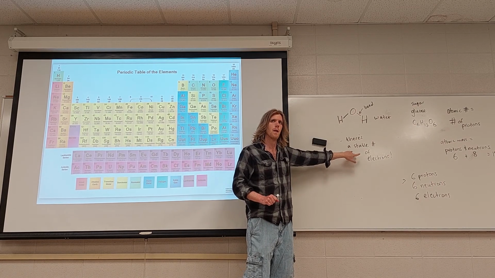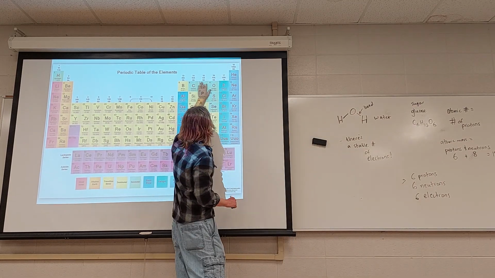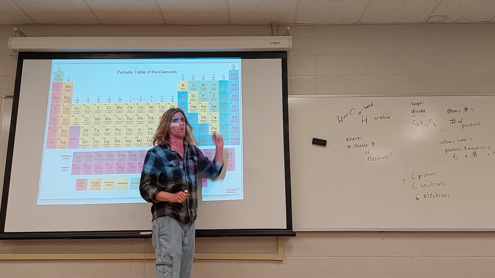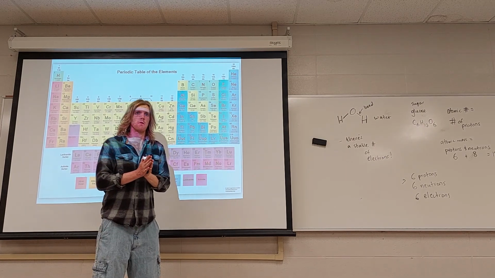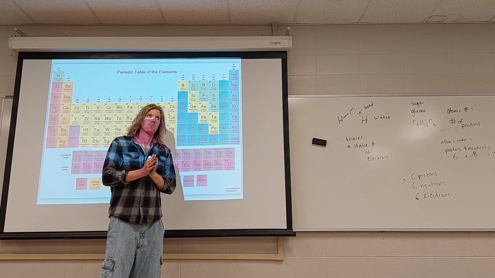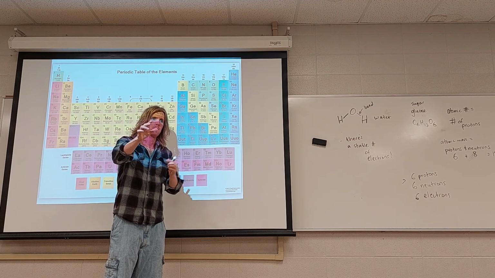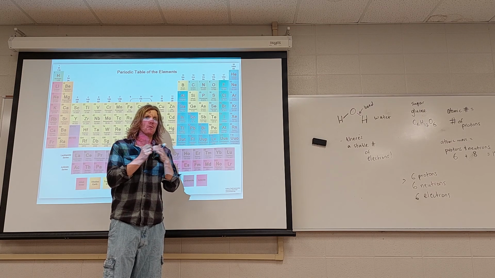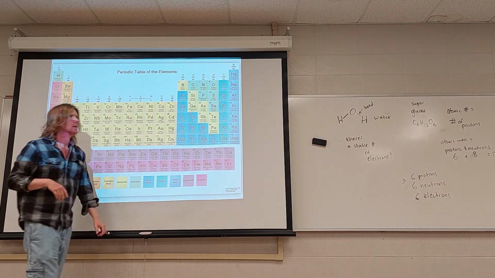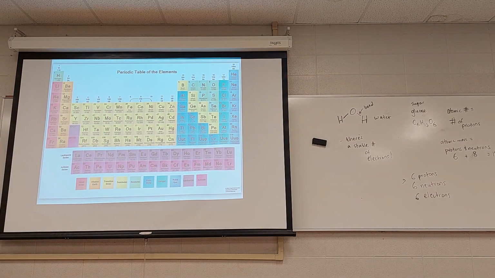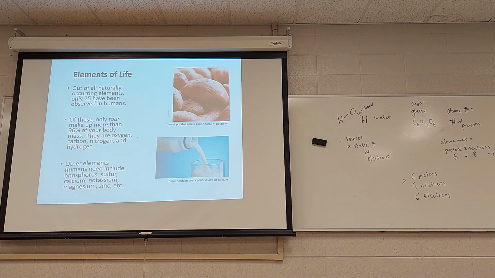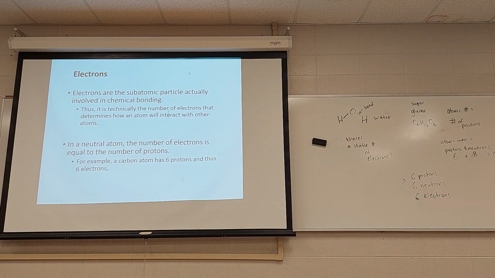They've got the stable number. Everybody else, they want to find a way to get a stable number of electrons. How do you do that? Well, you can get rid of some, you can take some in, or you can share. A lot of different opportunities to get to that stable electron number.